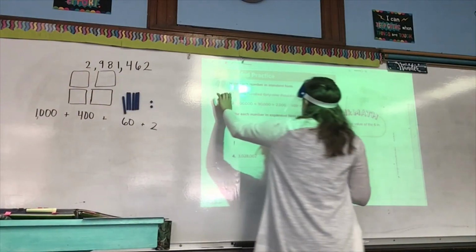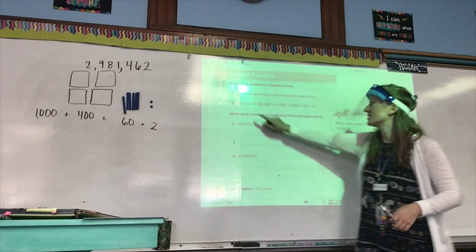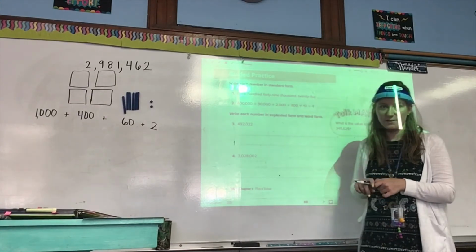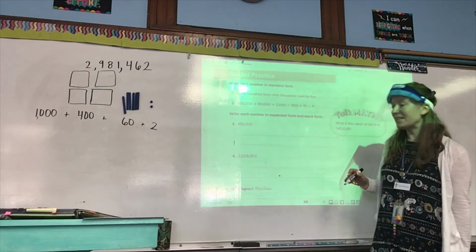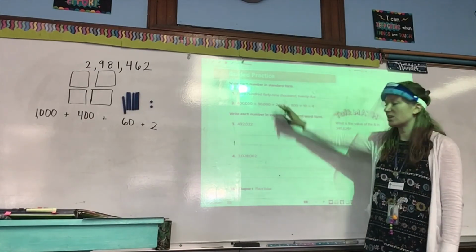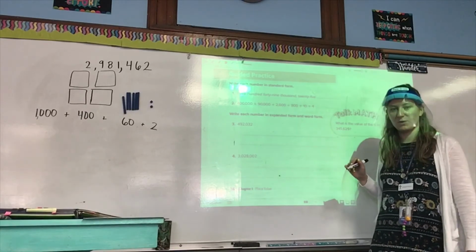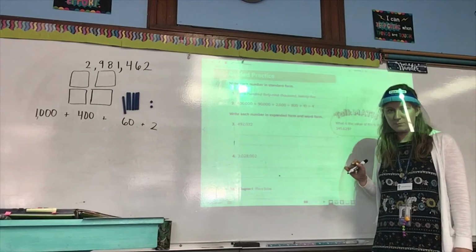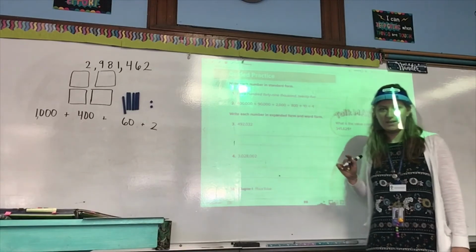And we need to write it in standard form. So we need to write the digits. We have 349,025. So, tell me the digits. Don't forget to tell me where a comma goes. So what's our first digit in 349,025? What digit comes first?